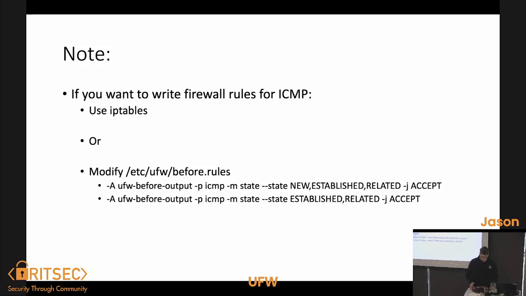Or you can modify the /etc/ufw/before.rules file. When ufw runs, this file gets checked before everything else. There are a couple of other files like this, but we're going to keep it uncomplicated. You can just add this, which actually has iptables syntax, to that file, and then it will allow everything for ICMP through.